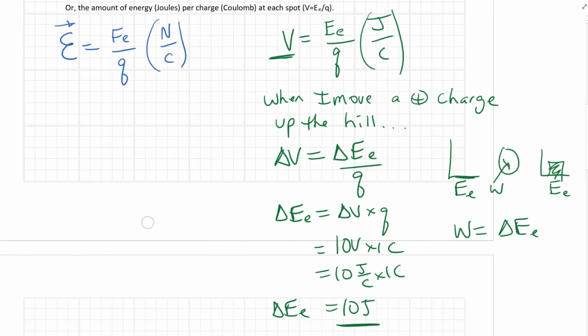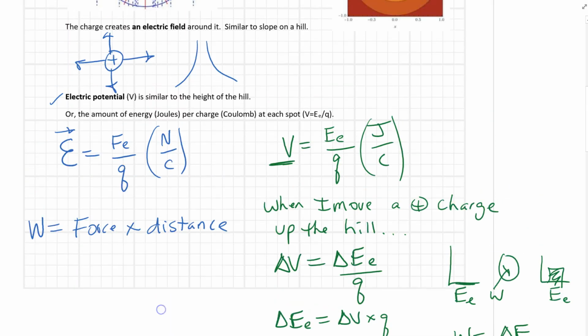If we were looking at the same thing in terms of the force that we did, if I looked at this force and I said, okay, work, another way to think about work is that it's going to be some force for some distance. And so if it's a constant force, we can just multiply those two together.